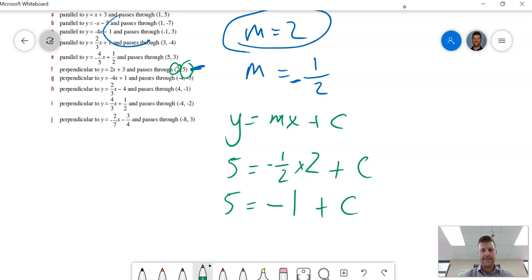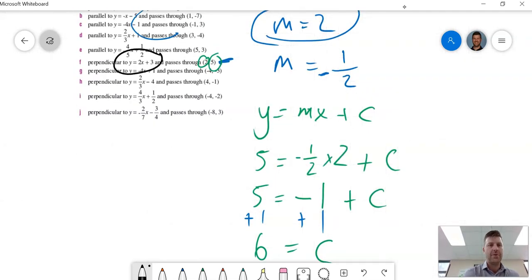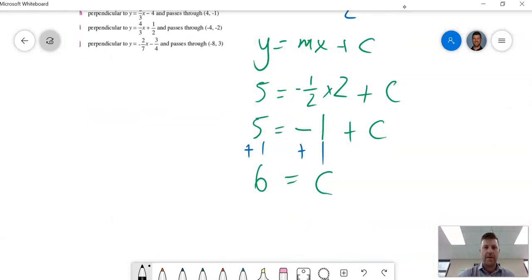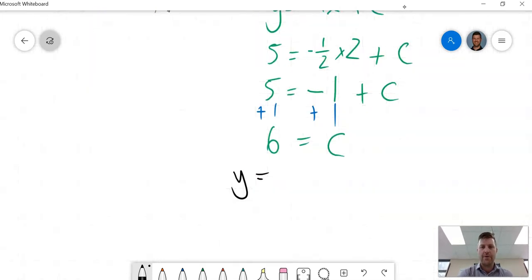Then I want to add 1 on both sides. Will give me a value of 6 for c, or the y-intercept of 6. So therefore the equation of a line that is perpendicular to y equals 2x plus 1 would be y equals, okay, we know that the gradient would be negative 1 over 2, so negative 1 over 2x plus 6.